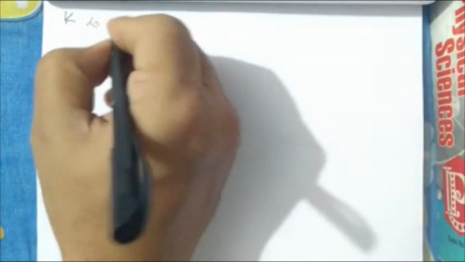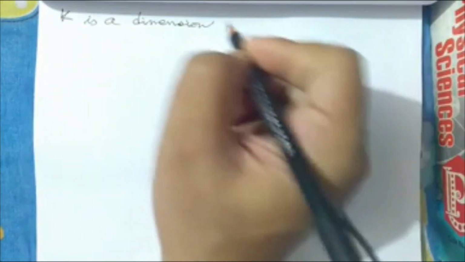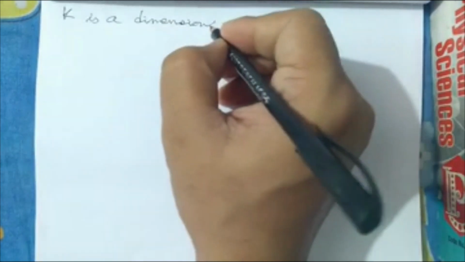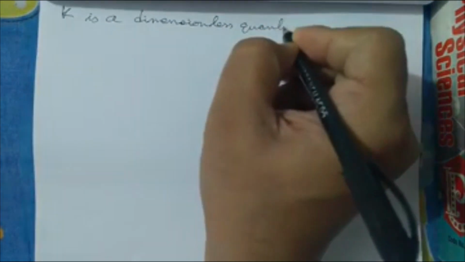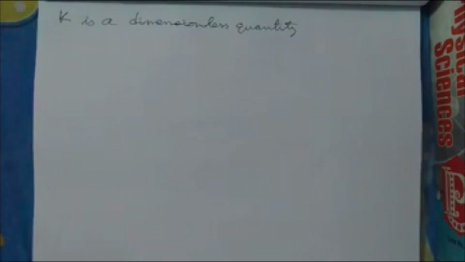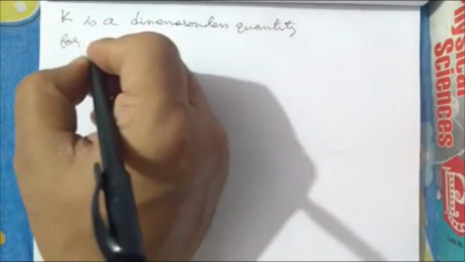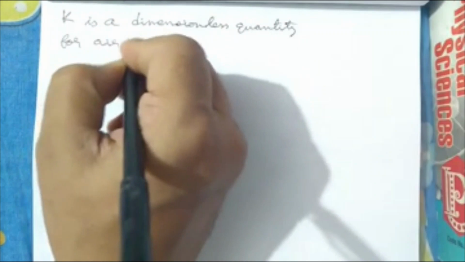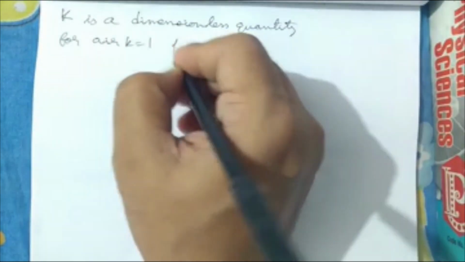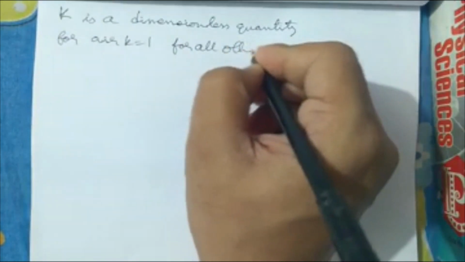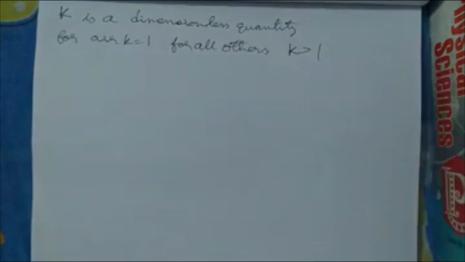So this K is a dimensionless quantity. For air, K is equal to 1, and for all others K is always greater than 1.